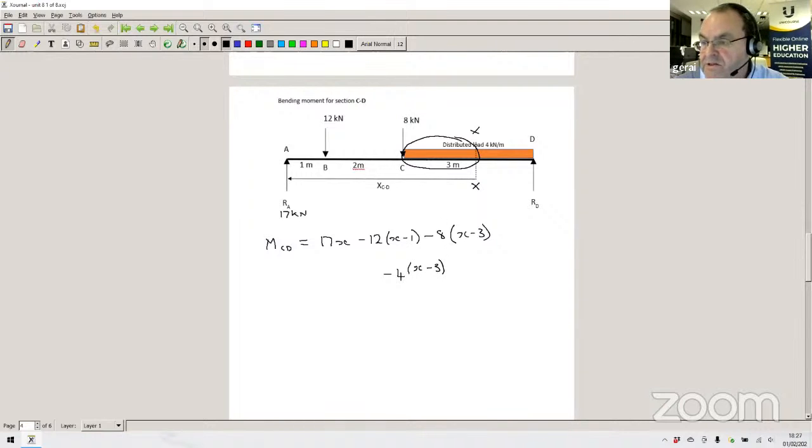But where does it act? This is where it's easy to make a mistake: it acts halfway along that distributed load, from X to point C. So we multiply by the distance, which is X minus 3, but we need to go halfway along that, so we divide it by 2.